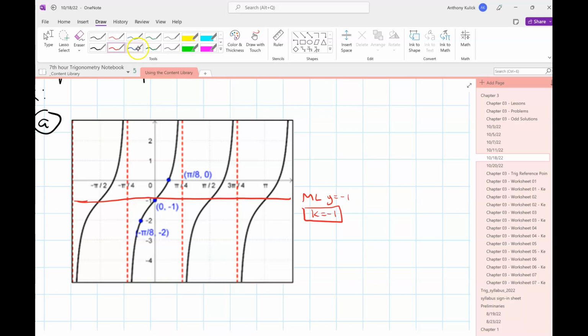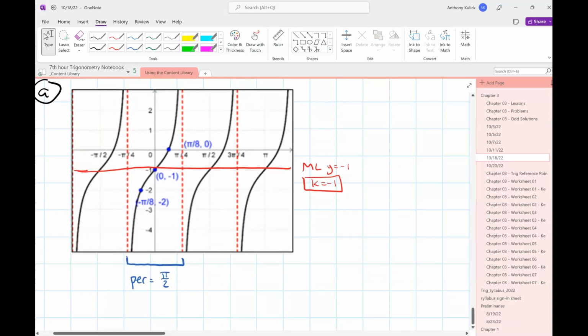I remember that the period, well, that's going to just be the distance from asymptote to asymptote. So if I go from negative pi over 4 to positive pi over 4, how far did I go? Well, that's 1/4. That's 2/4. So I went 2/4 pi, or just pi over 2.